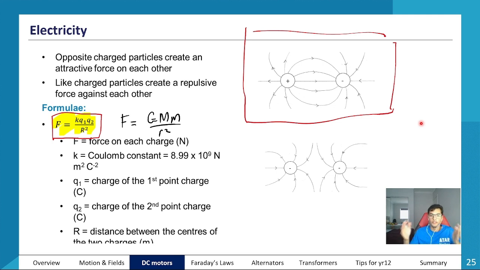The charges don't really matter because in physics we usually care more about the magnitude. So if we have negative negative, positive positive, it doesn't really matter. If we have a negative charge, we usually just get rid of the negative and just use the magnitude as it is.